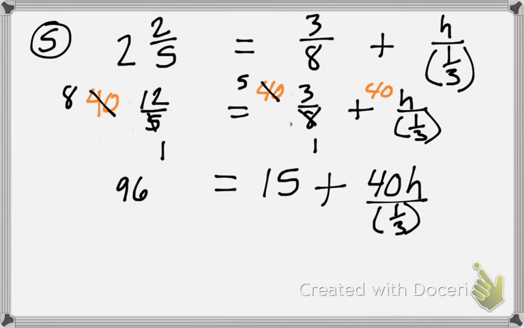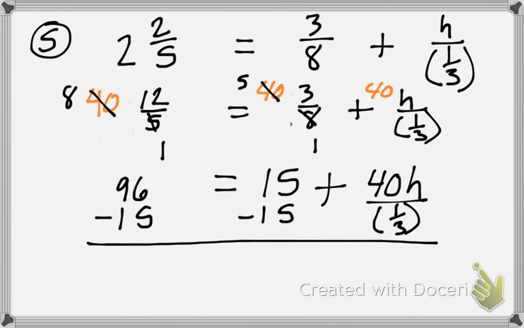Okay, so I'm going to subtract 15 from both sides. So I've got 96 minus 15, which is 81. And then I'm still left with this 40h divided by 1/3. Well, how do we cancel out dividing by 1/3? We multiply by 1/3.